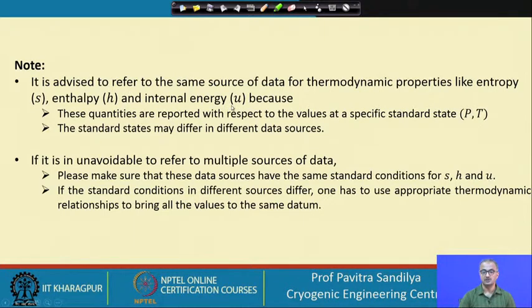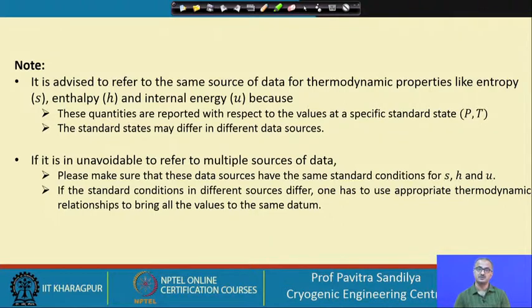Why am I talking about only these three properties? Because these three properties are quite often used, and second, all these three properties are given in terms of some reference values, and this reference value is again specified at some particular standard conditions. So there is nothing like absolute enthalpy, absolute entropy, absolute internal energy.